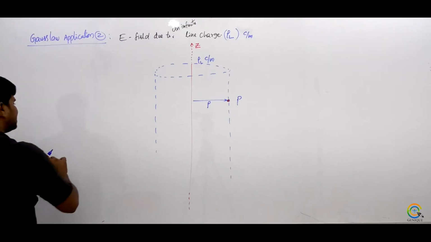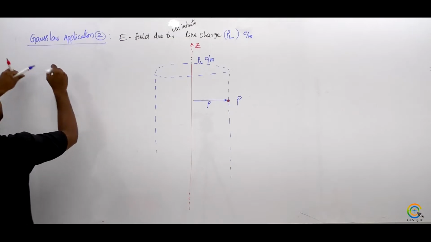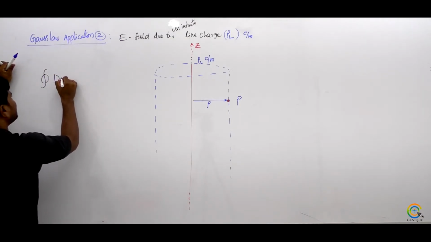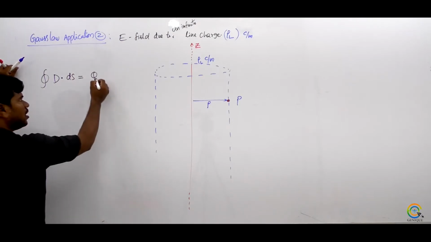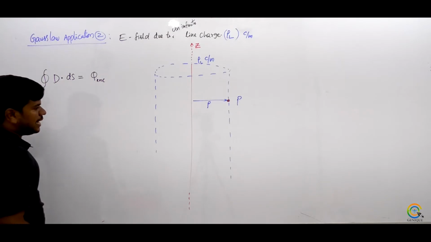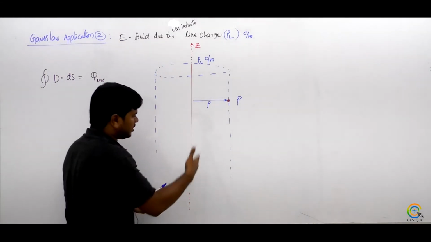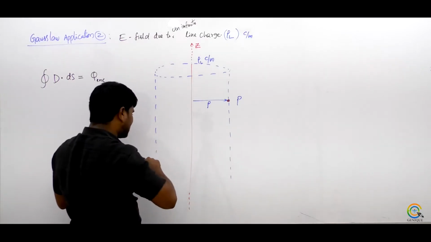So what is the Gauss law saying? The closed integral of D dot dS is equal to the charge enclosed, Q enclosed. Let us suppose the length of this line is infinite.